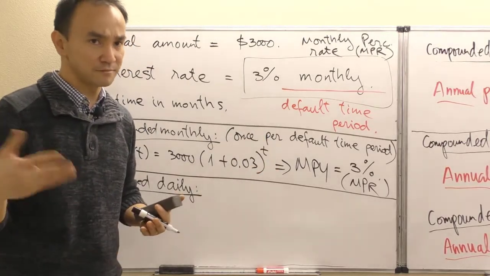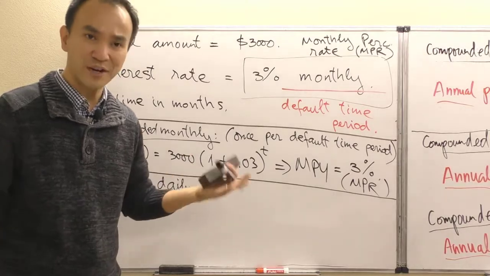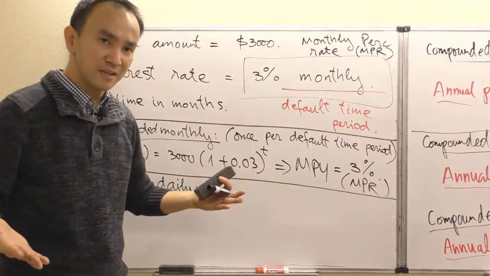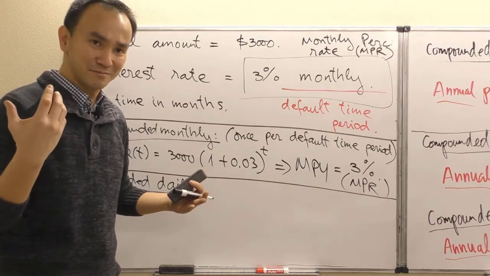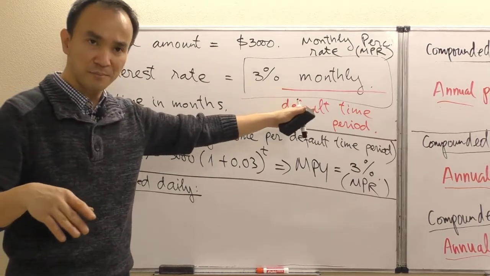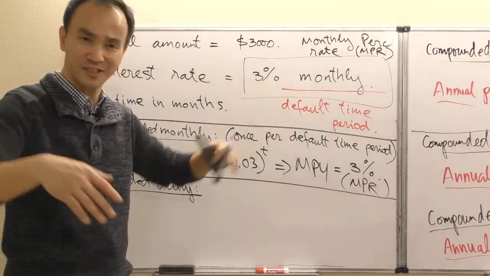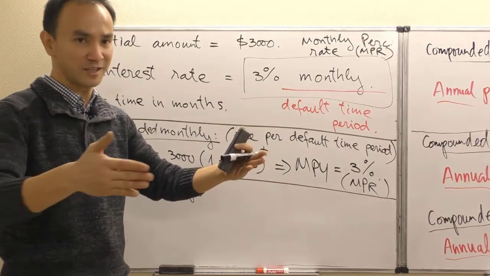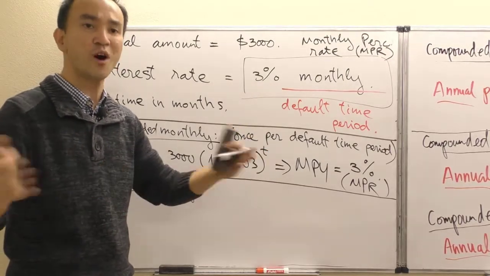And that's the reason why, a greater number of times, banks offer interest rates measured in yearly default time periods, because anytime you set yourself in a time frame of 1 year, there's no doubt about it, 12 months a year.